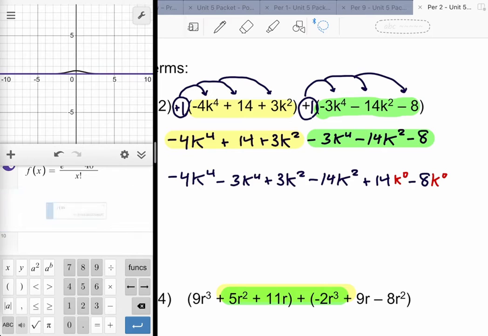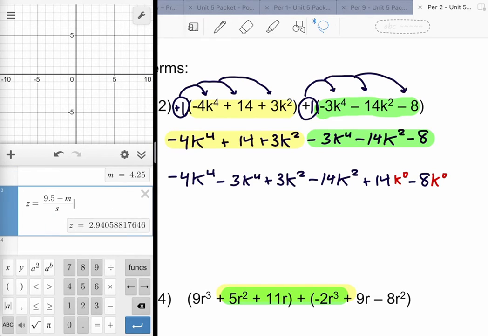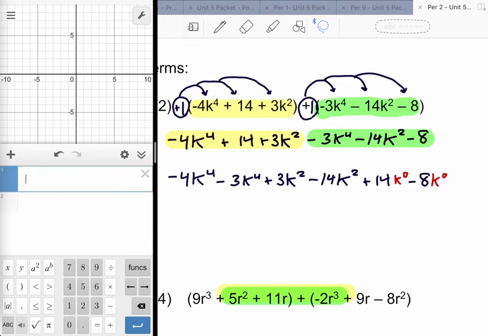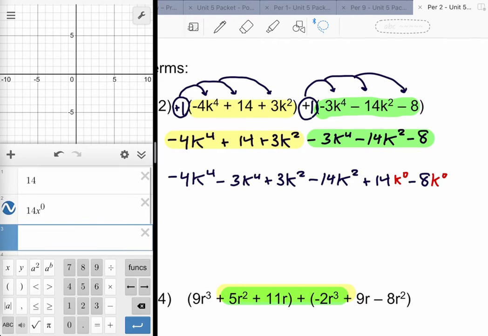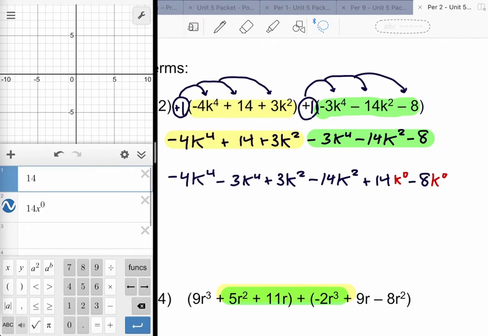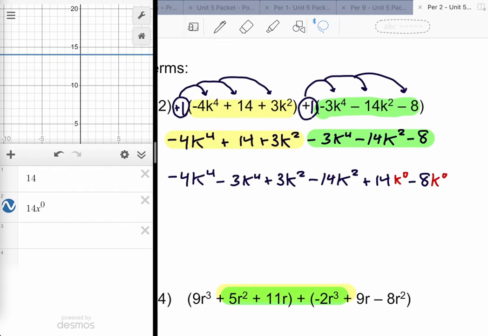All right. So we're not really going to do much with Desmos in this unit, but I figured I'll show you this one instance. Let's say I type in 14, just the number 14. 14 is 14. But if I type in 14x to the 0th power, all right, I'm going to look at the graph.